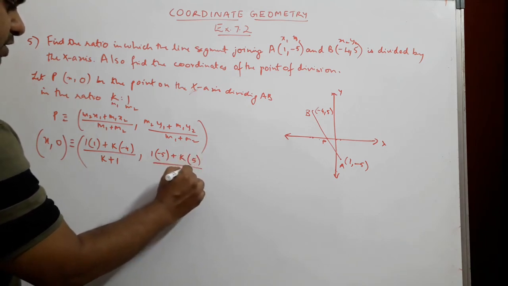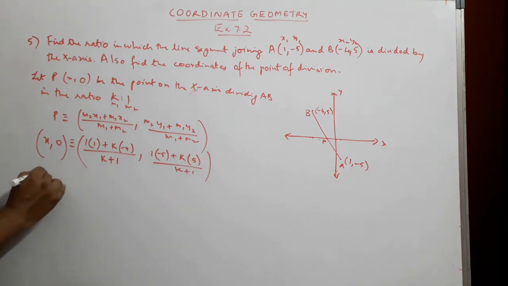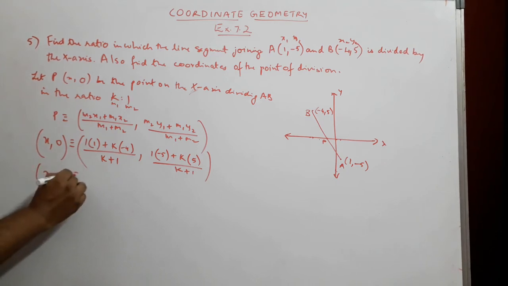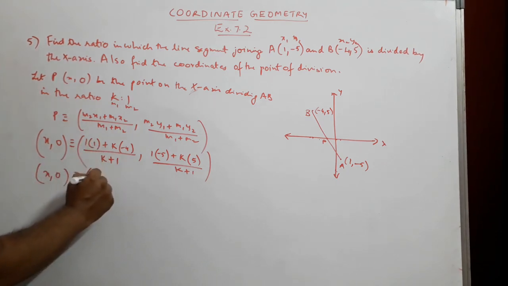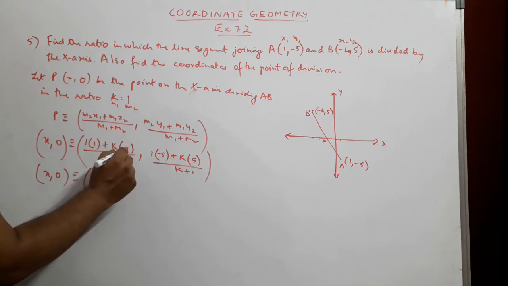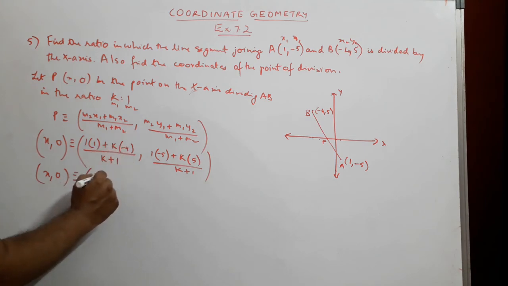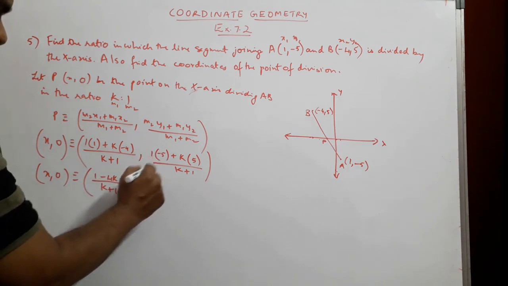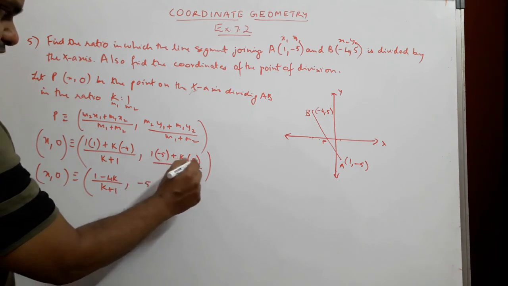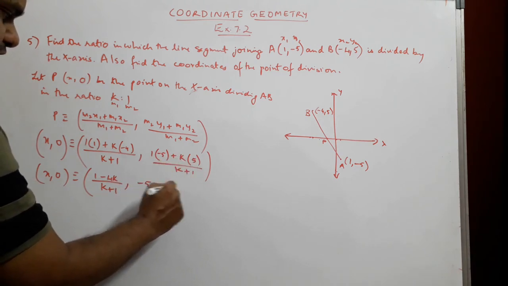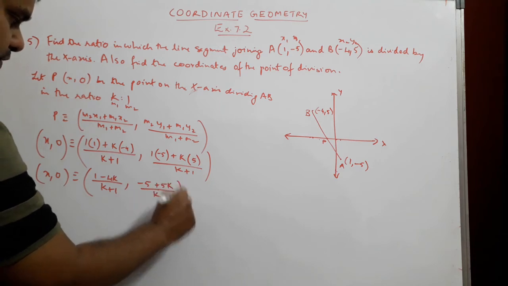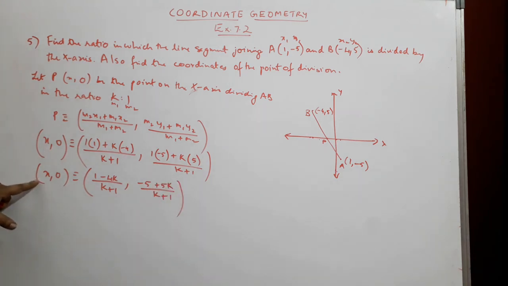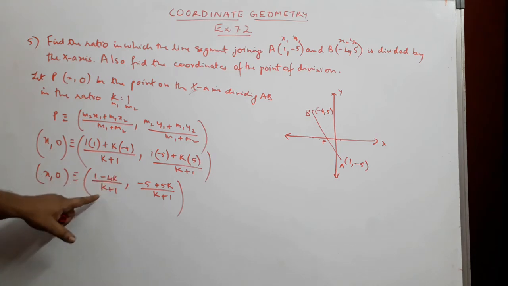So we get (1 - 4k)/(k + 1) comma (-5 + 5k)/(k + 1).